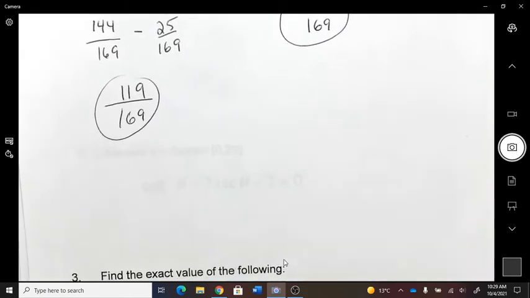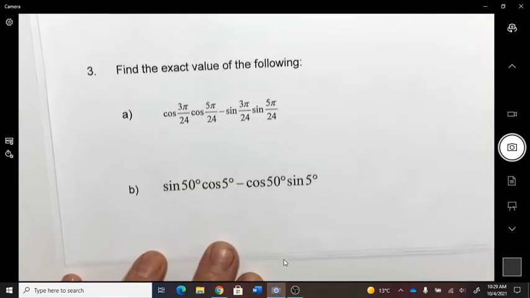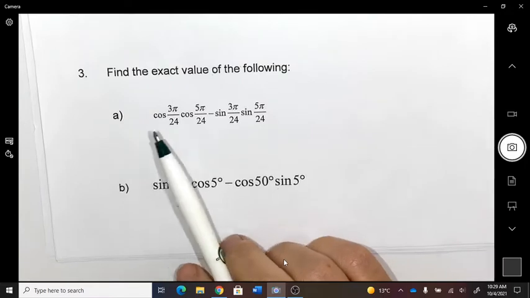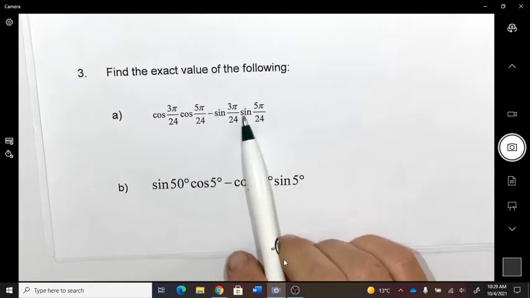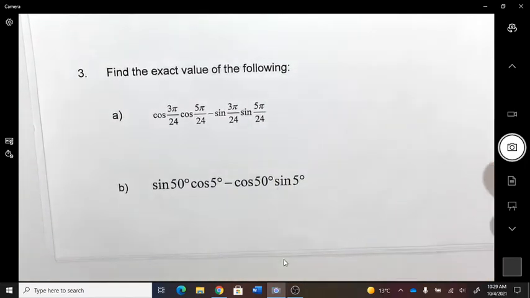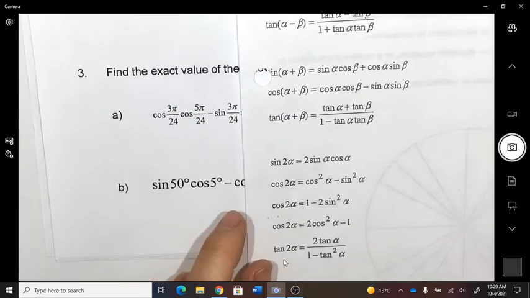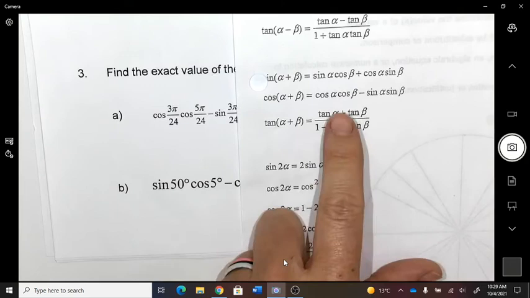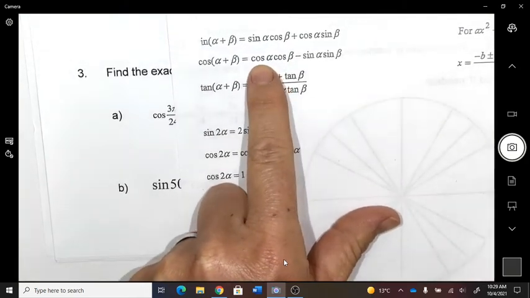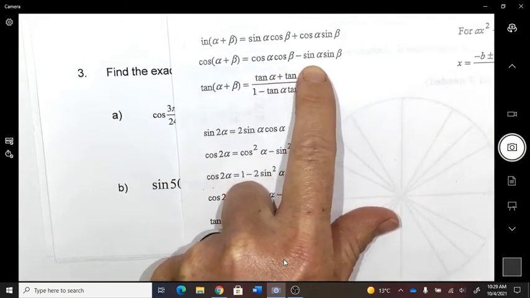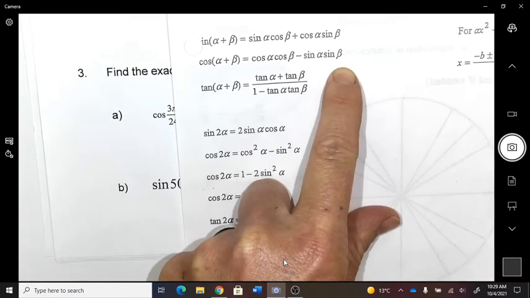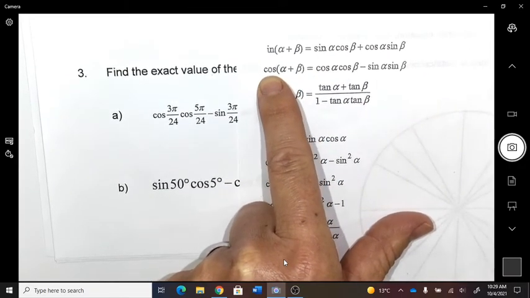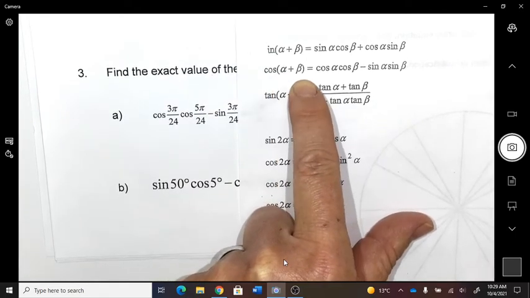Okay, number 3 is working backwards. Can you find a formula that is a cos minus a sine? Cos minus a sine. Cos minus sine. Did you find a formula? So it's matching the cosine of added.